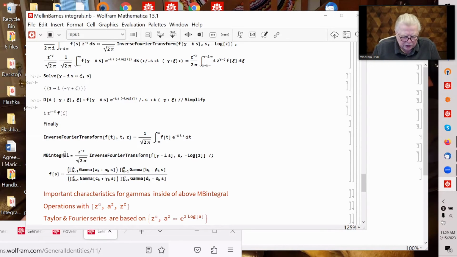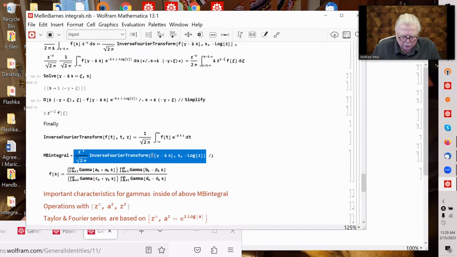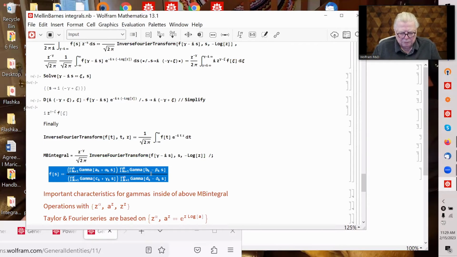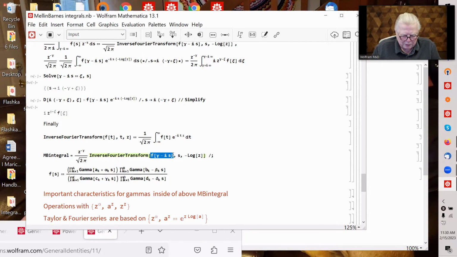The Mellin-Barnes integral, which I am talking about, is the inverse Fourier transform of the function f at this point, the logarithm, if the function f equals this product. So if somebody likes the Fourier transform more than the Mellin transform, you see inconveniences in operation.